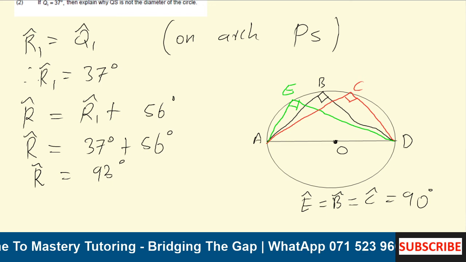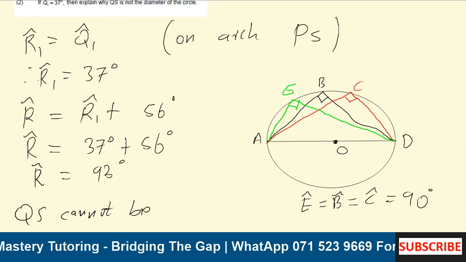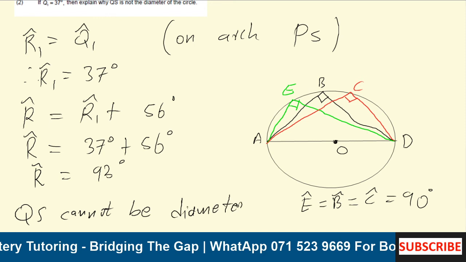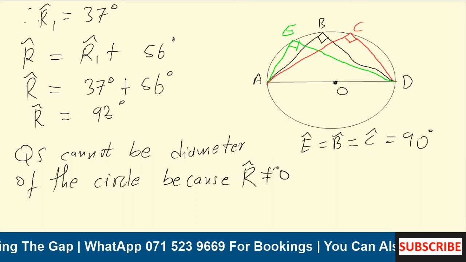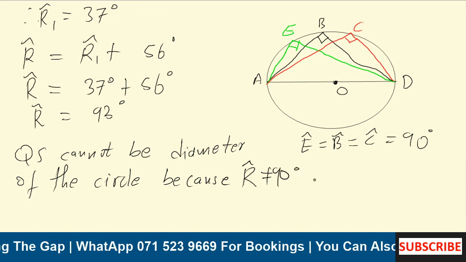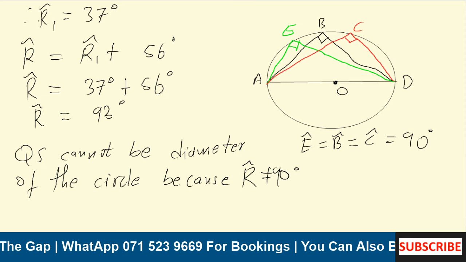So there's our reason there: QS cannot be a diameter because angle R is not 90 degrees.